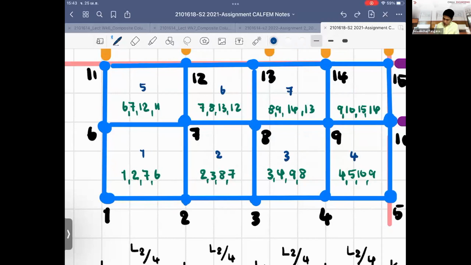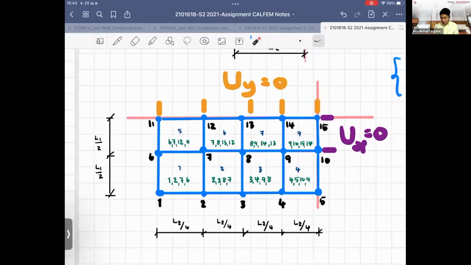And I say that element number 1 starts from 1, 2, 7, 6, 2, 3, 8, 7. And you see the pattern of it starts from this number, and you just keep increasing the value of the node by 1, right? So you can have this repeating pattern.